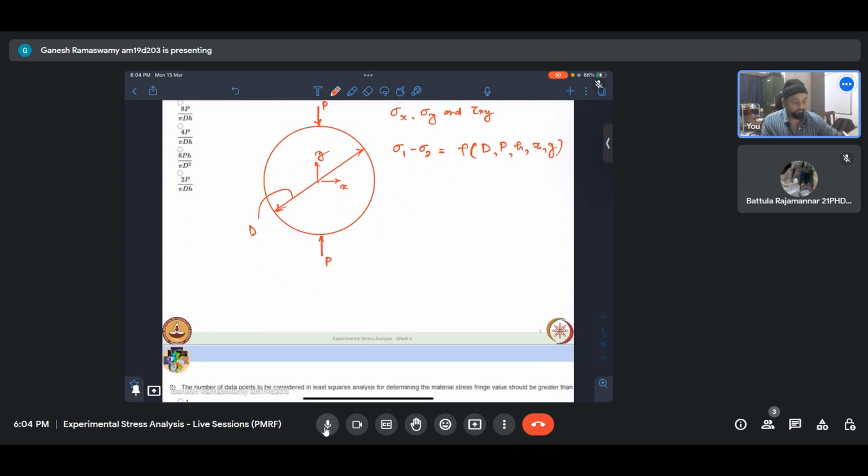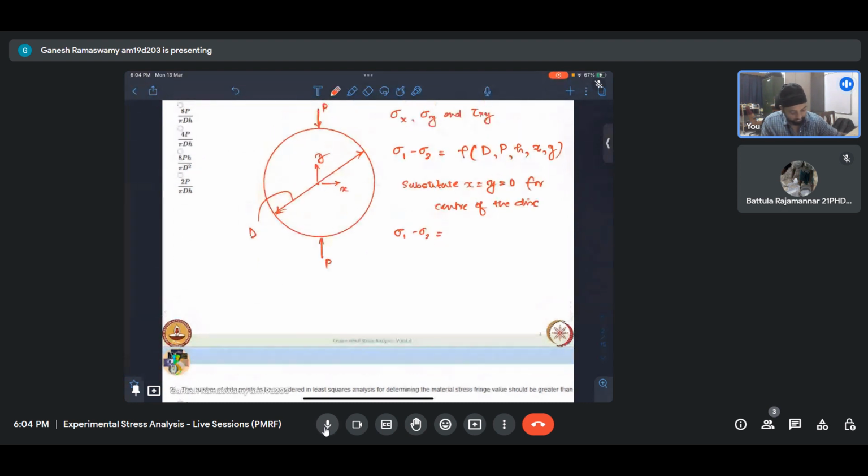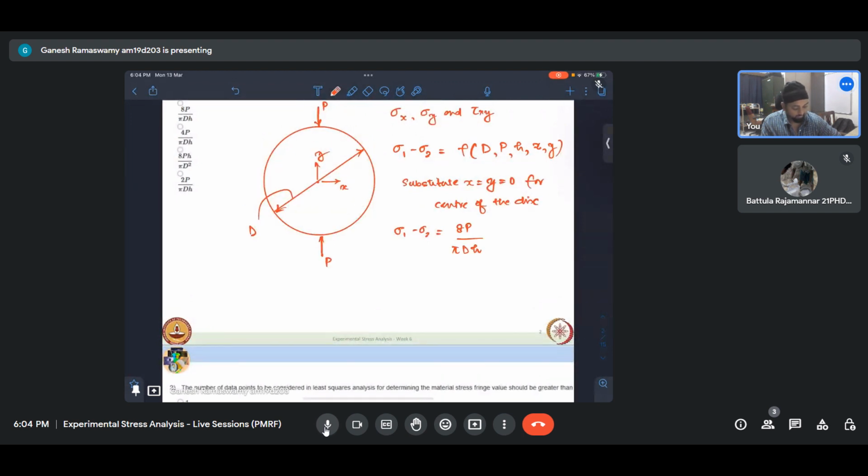If we were to substitute, as is also shown in the lecture, x equal to y equal to 0 for the center point of the disk, then sigma 1 minus sigma 2 will come out to be 8P by pi D H. So essentially this will be our expression.